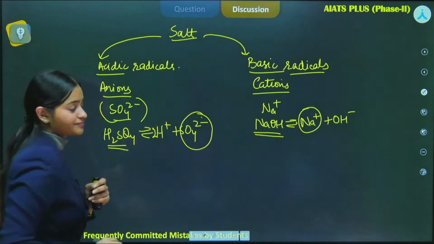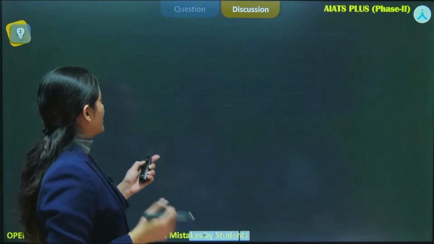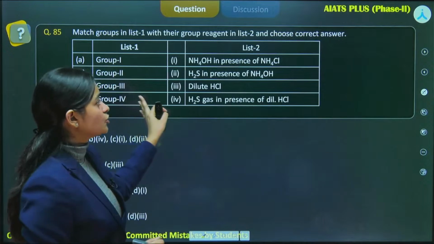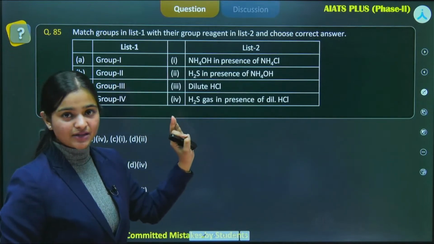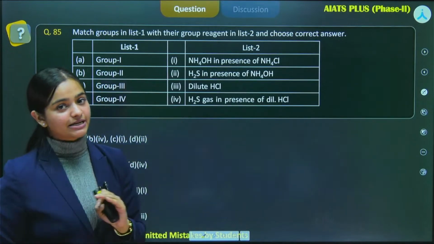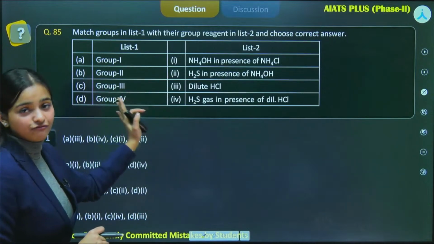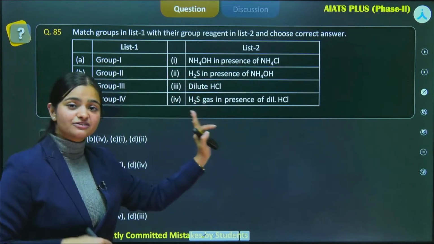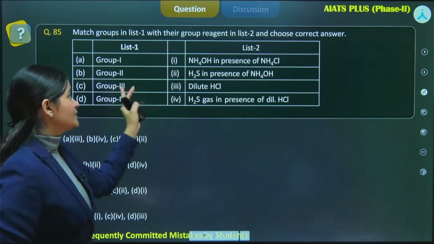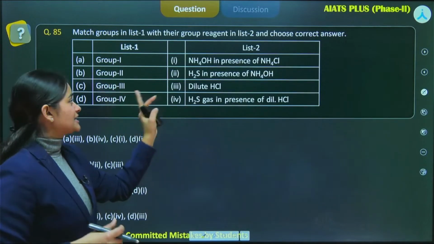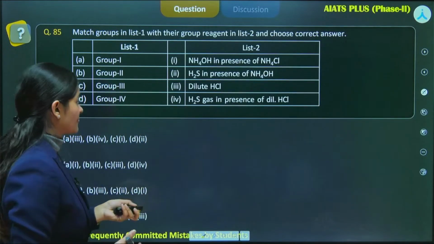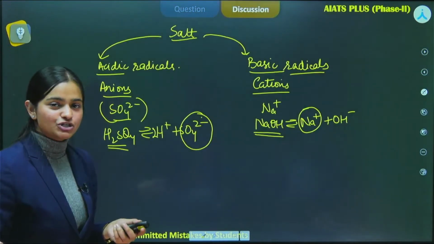Now, according to the question, group reagents and specific groups have been given to us. In list 1 we have groups, and in list 2 we have specific group reagents. To determine these groups, that is these cations, we will make a flow chart.